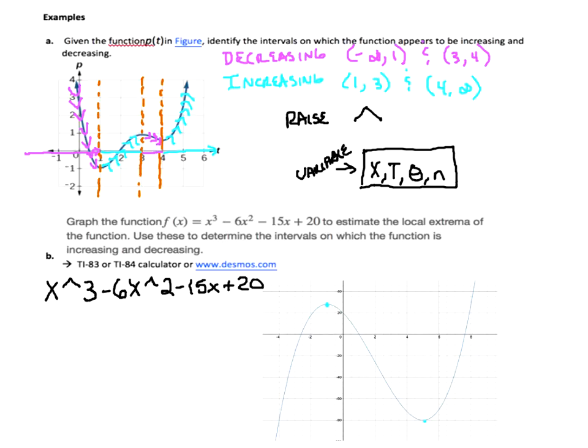So what you want to do is move your cursor along the function using the left arrow, so that you are to the left of that maximum that you're wanting to calculate.